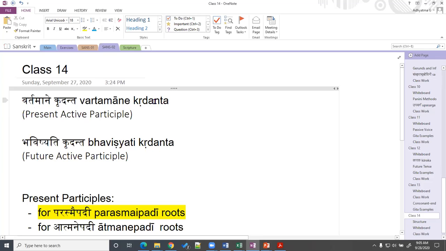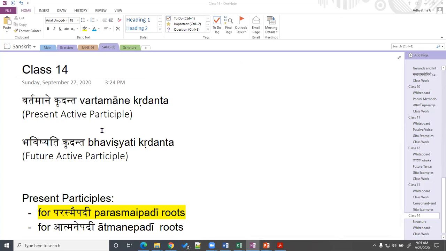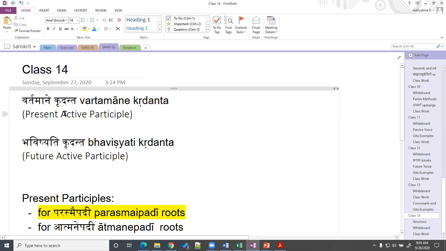So this particular participle would be used in the place of present tense. That doesn't mean that we can get rid of present tense. It's just that it conveys the same meaning as the present tense would convey. And we'll see how.